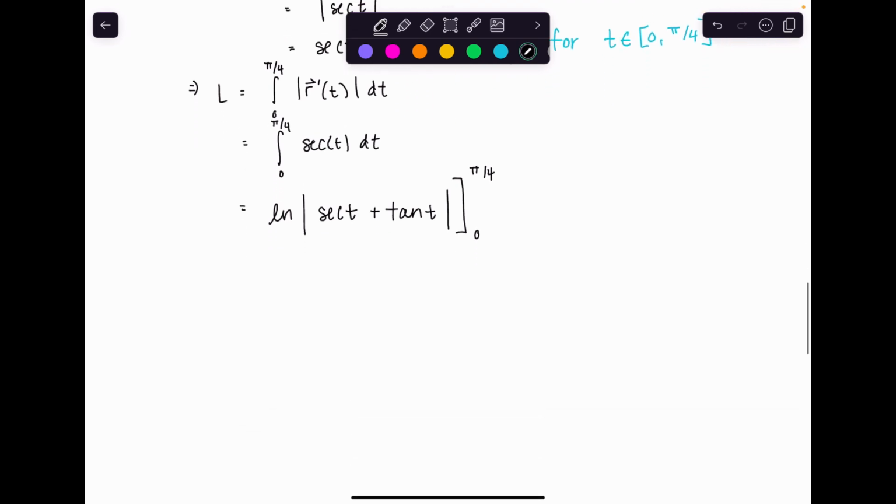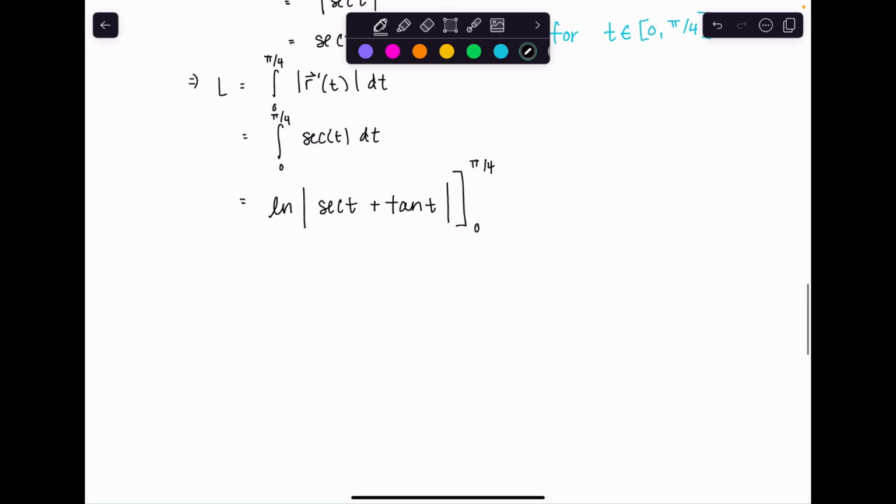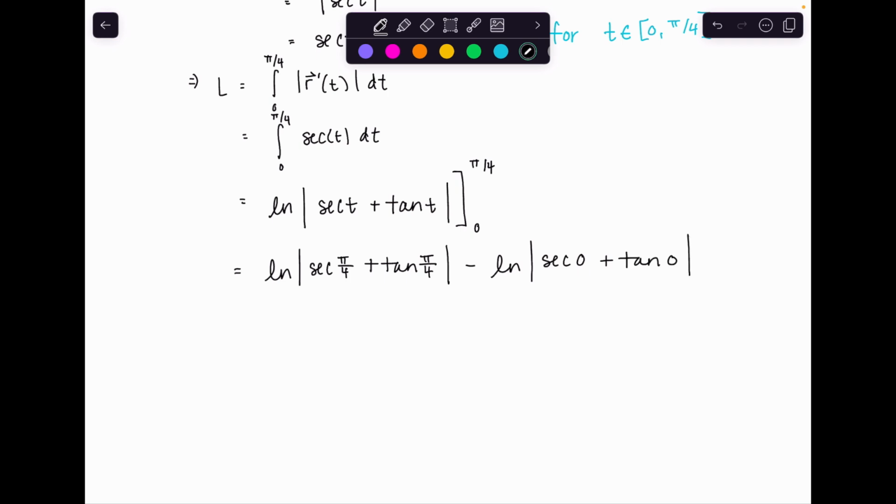So I do need to keep going because I have to get just a number in the end. Plugging in the upper bound, that is secant of pi over 4 plus tangent of pi over 4, minus natural log of secant of 0 plus tangent of 0. And evaluating these, secant of pi over 4 is the flip of cosine of pi over 4.